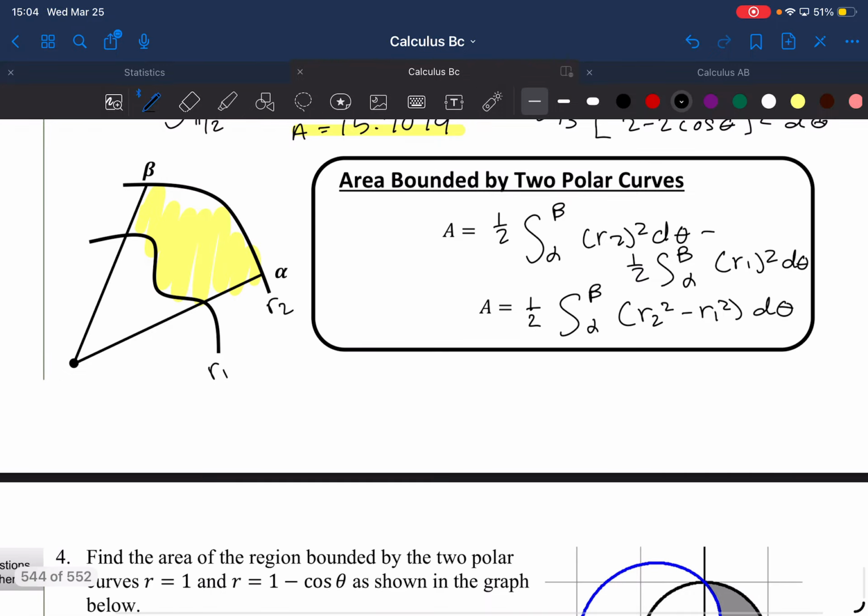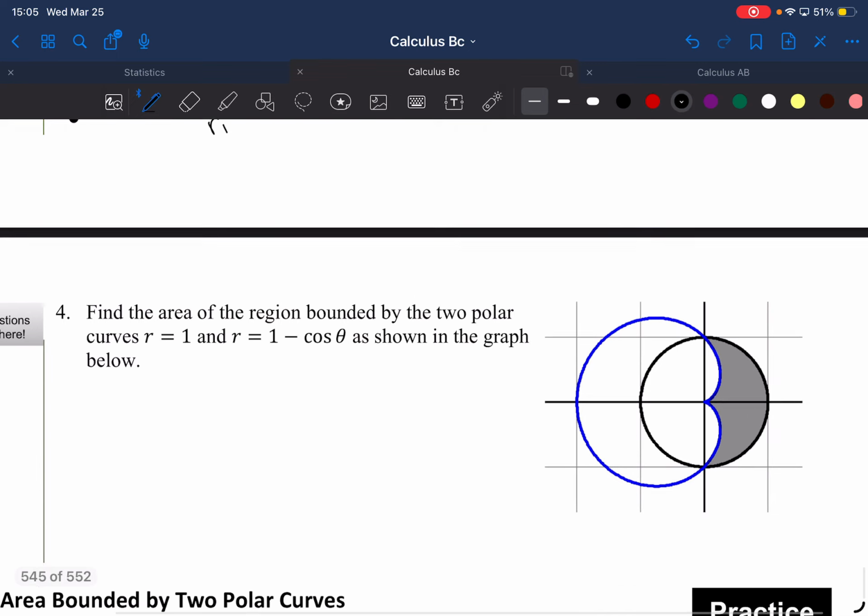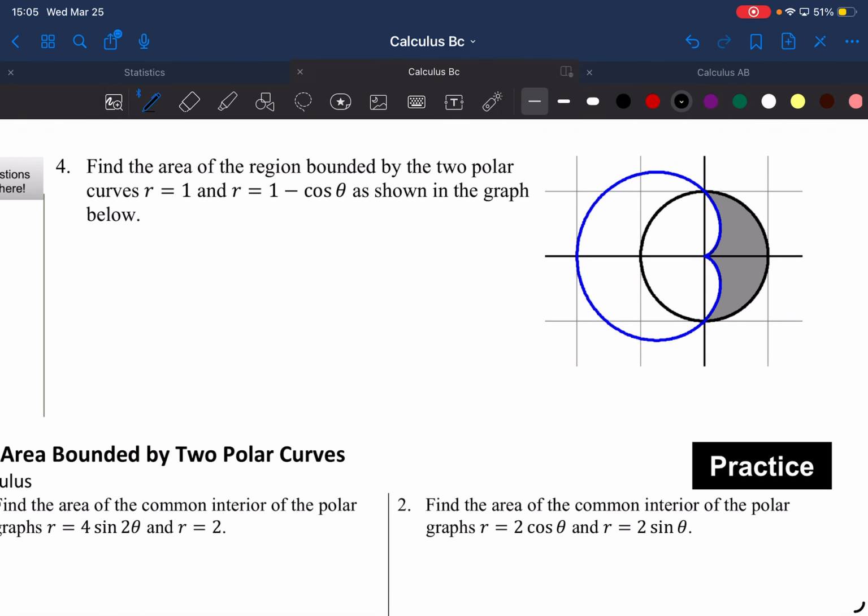Okay, so this is actually a lot easier than the first couple we were doing because it does relate to what we've done in a previous unit. So number 4 says find the area of the region bounded by the 2 polar curves, r is equal to 1 and r is equal to 1 minus cosine theta as shown in the graph below.